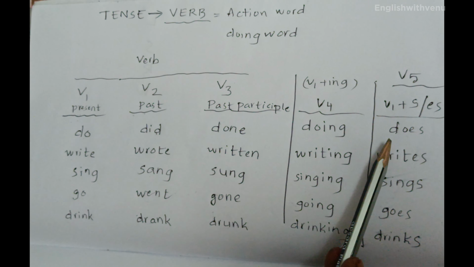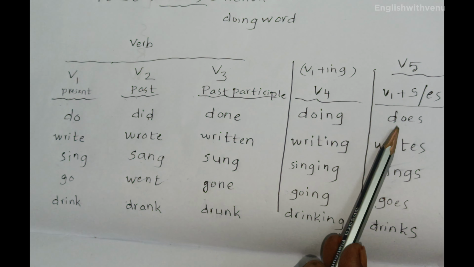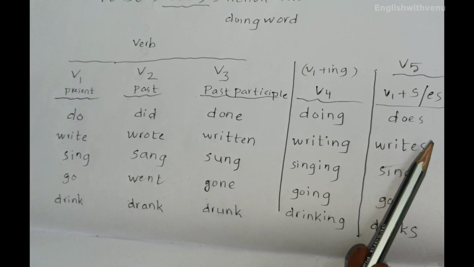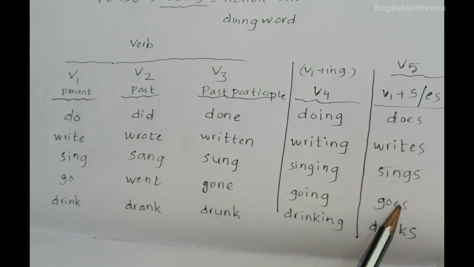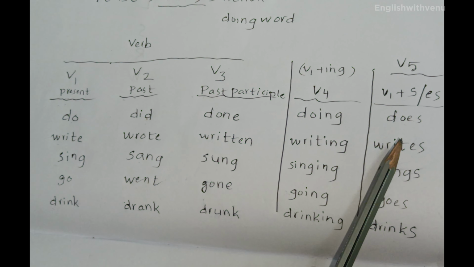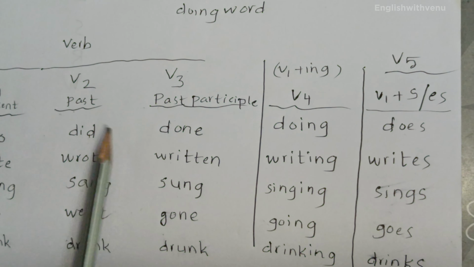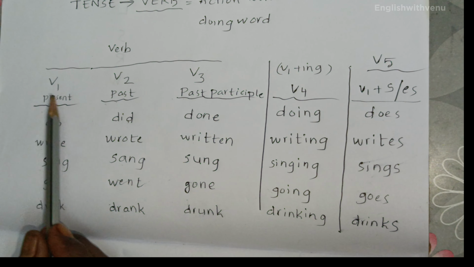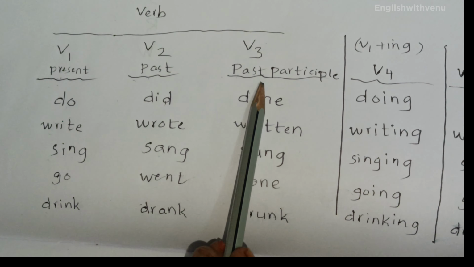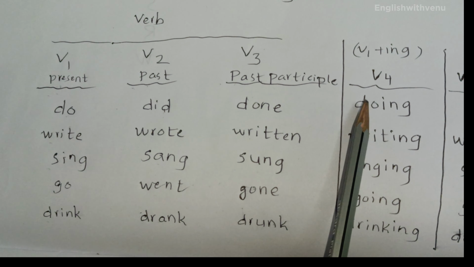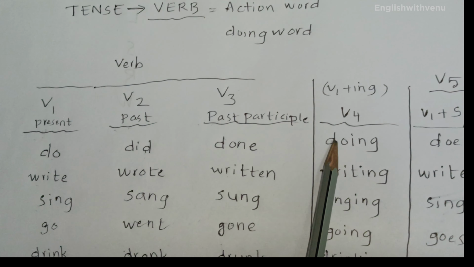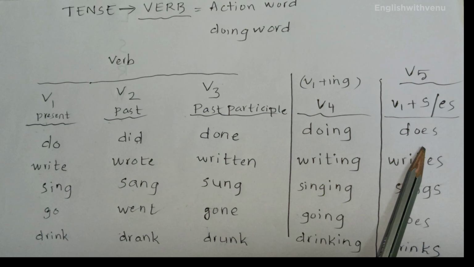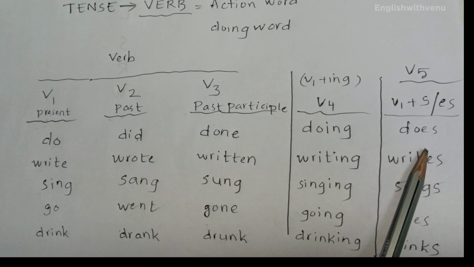When a particular verb ends in o, then we can add es to that form to get the fifth form of the verb. Totally, we have 5 forms: present form, past form, past participle form, and the ing form of the verb is known as present participle, and the s or es form is known as fifth form of the verb.